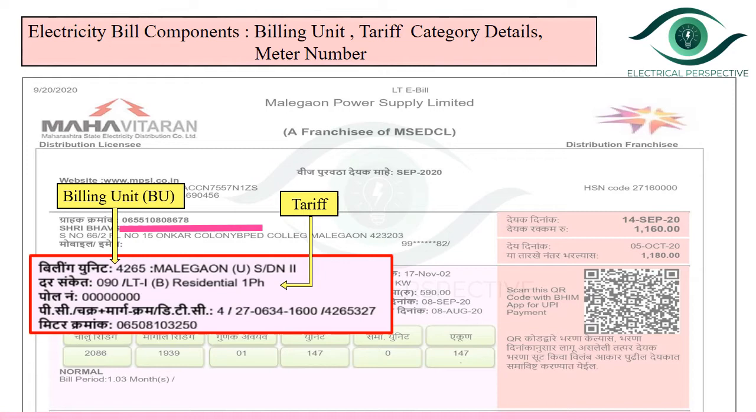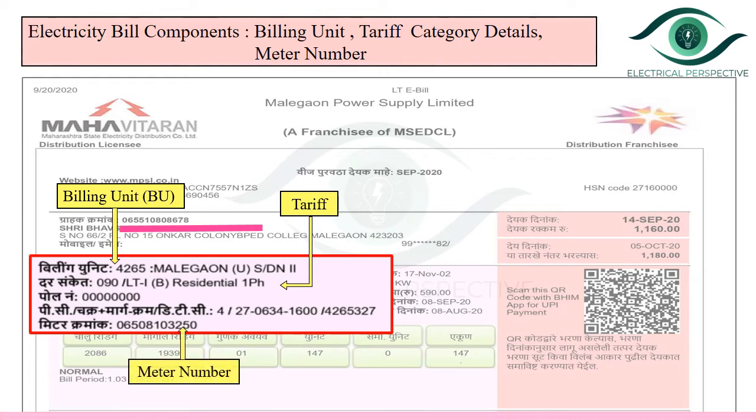Depending on that parameter, the tariff category is decided, and the tariff category also determines the rate structure applicable to your bill. Here you can see 090 is the internal code for the LT1B residential single phase category.